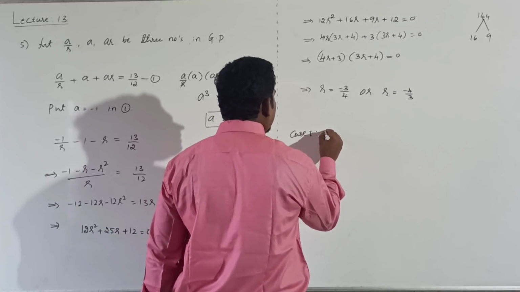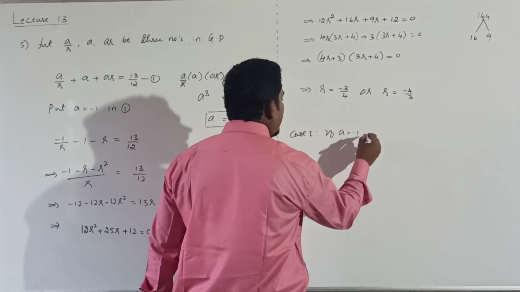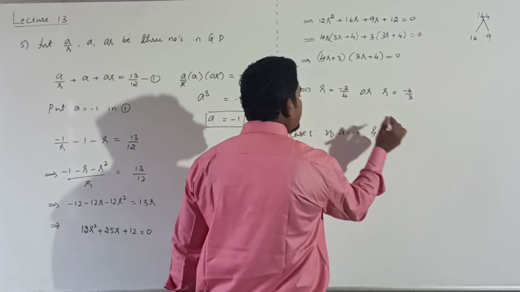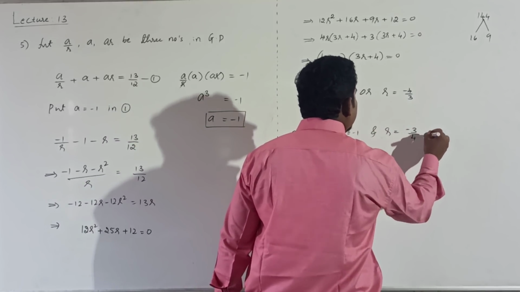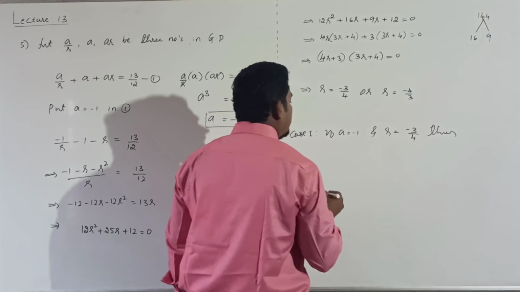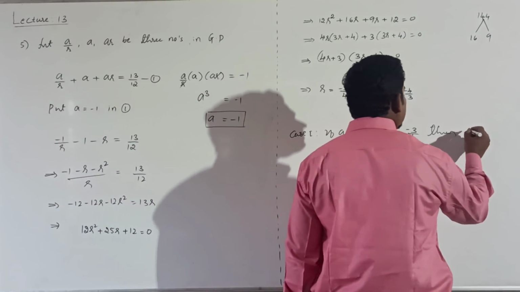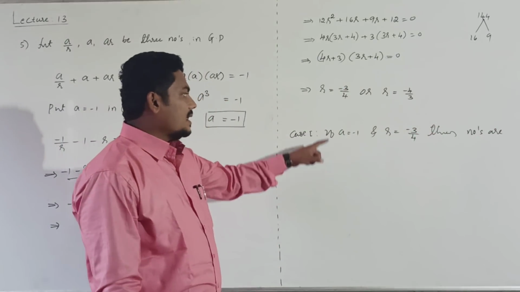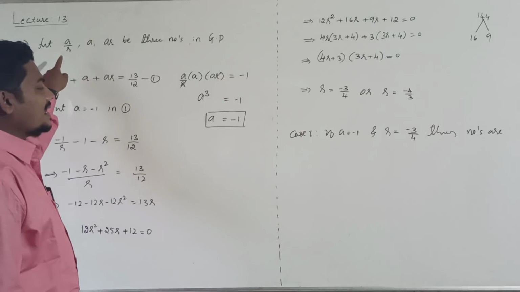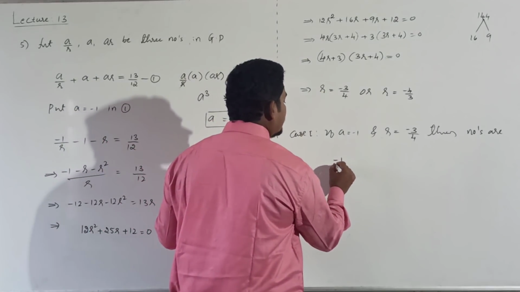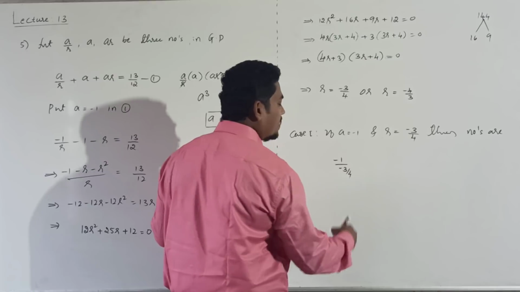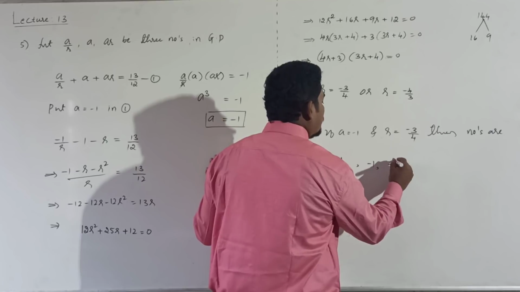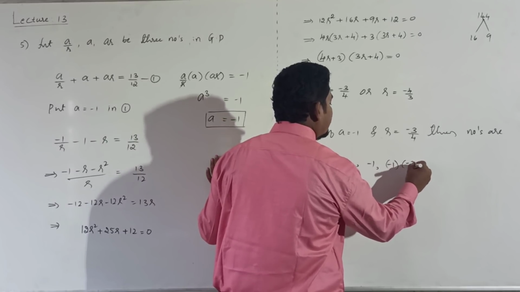Case 1: if a is minus 1 and r is equal to minus 3 by 4, then the three numbers are, simply replacing r value and a value, minus 1 divided by minus 3 by 4, comma, minus 1, comma, minus 1 into minus 3 by 4.